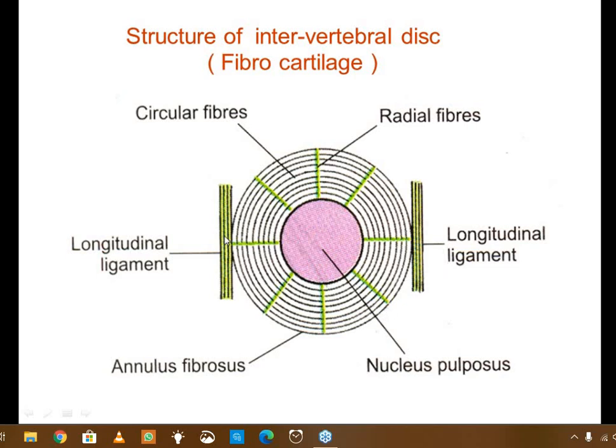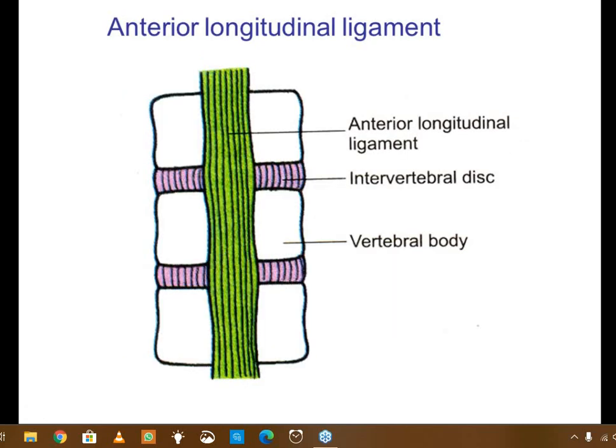Then anteriorly and posteriorly, these are supported by the anterior and posterior longitudinal ligaments present in relation to the body of the vertebra. Anteriorly, this is the body of the vertebra, this is the intervertebral disc. On the anterior surface of the body of the vertebra is the anterior longitudinal ligament.